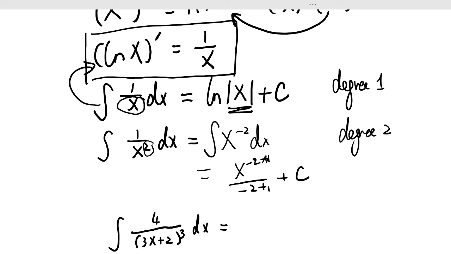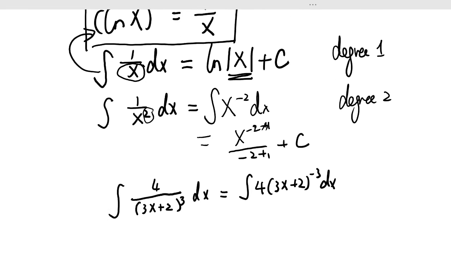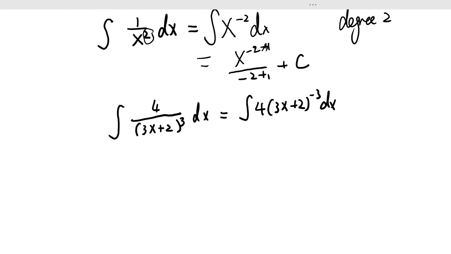The first thing we think about is, let's rewrite this into exponential function form instead of thinking rational function. So we're going to rewrite this as 4 times 3x plus 2 to the negative 3 dx. Then we're going to use our substitution shortcut to solve it.